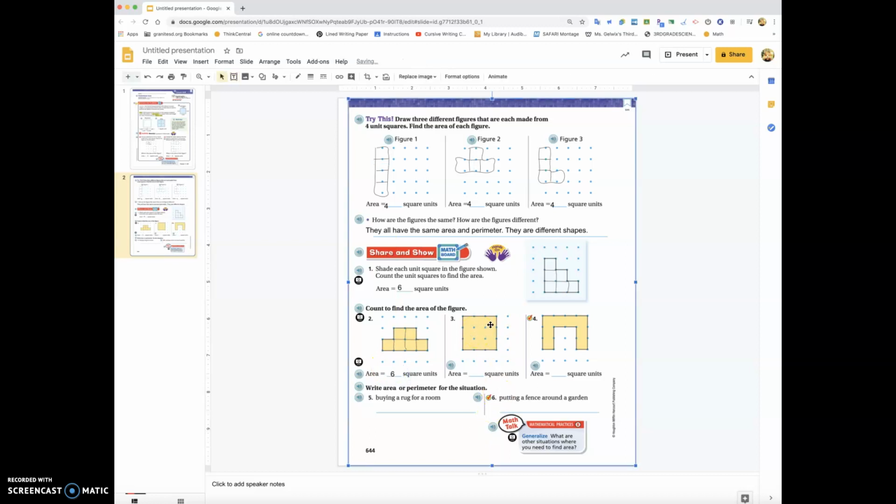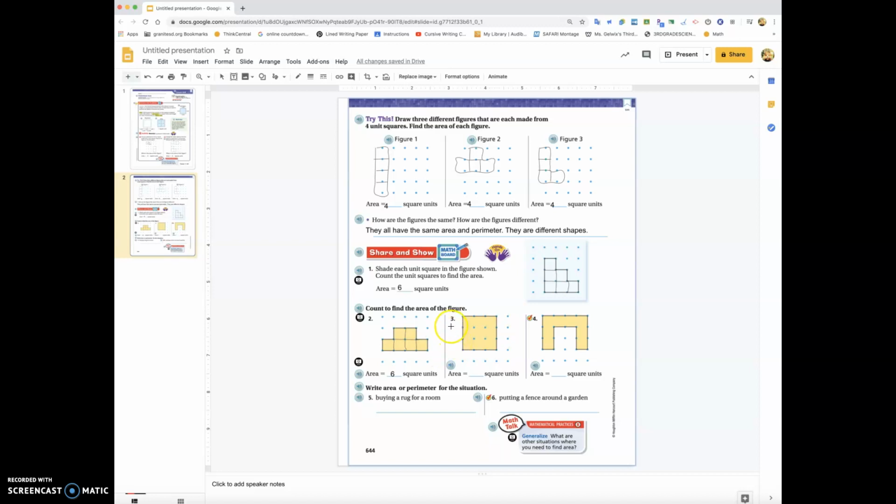Now this is where it actually comes in nice that we learn multiplication first. Another reason why they did that first. If you have a square or a rectangle, you can use multiplication to figure out your area because area is length times width. And if you remember, we learned multiplication with length times width with arrays.